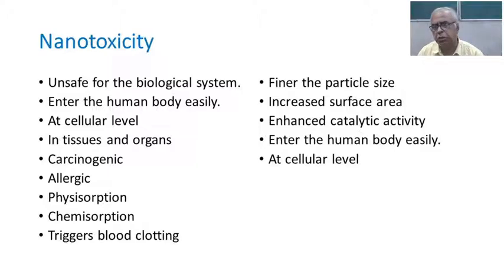As I already mentioned, finer the particle size, greater will be the surface area, and that will enhance the catalytic activity. So that is why they enter into the human system very easily, particularly through our lungs at the cellular level.